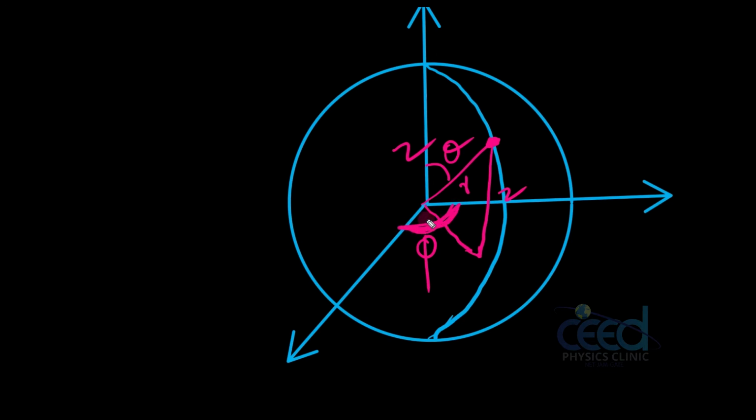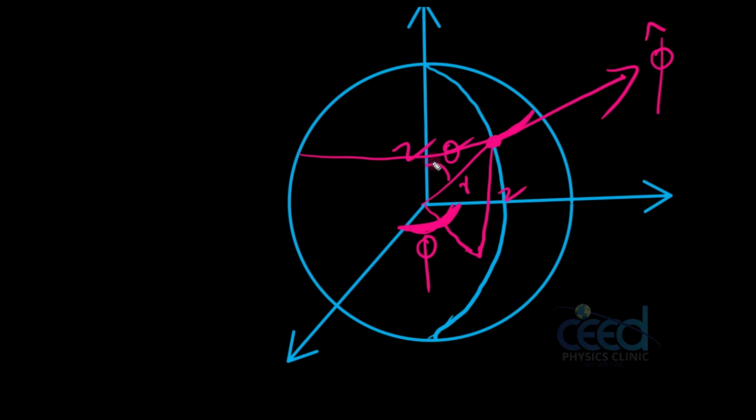If I draw an arc parallel to this, phi is increasing in this direction. If you draw a tangent here, that is the phi cap, the direction of increasing angle phi.